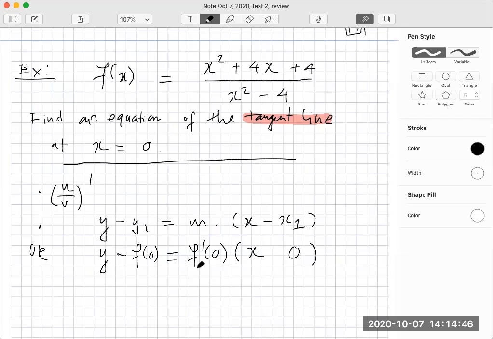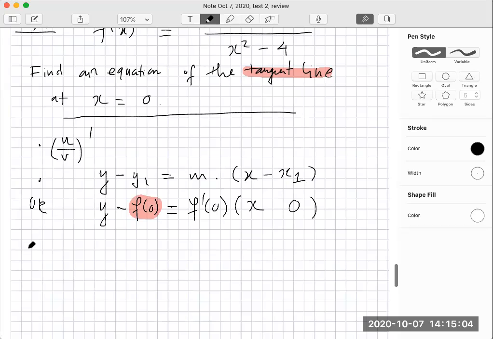So these are things we need to compute. Let us do it step by step, from the easy to the difficult one, okay? So let us do f of 0 first.